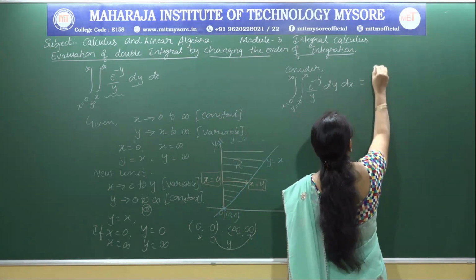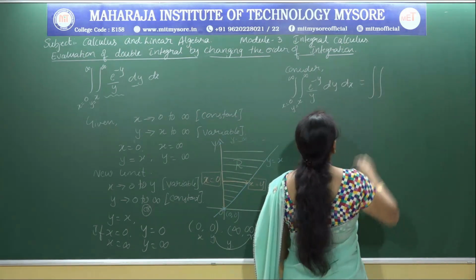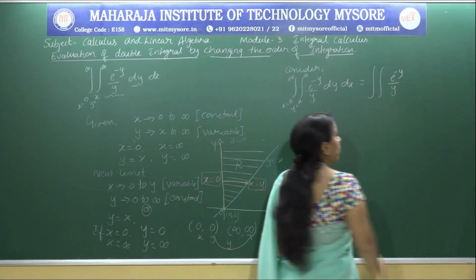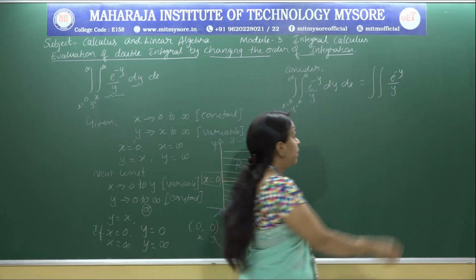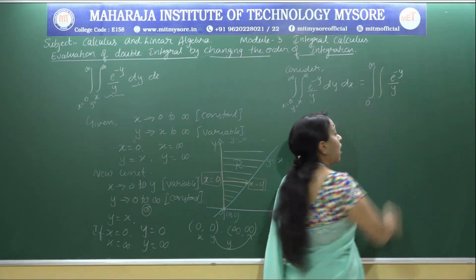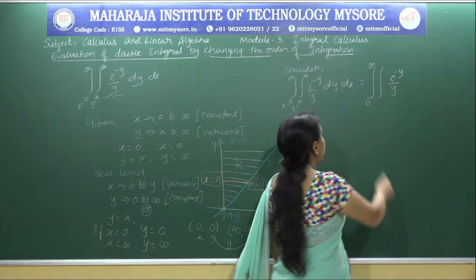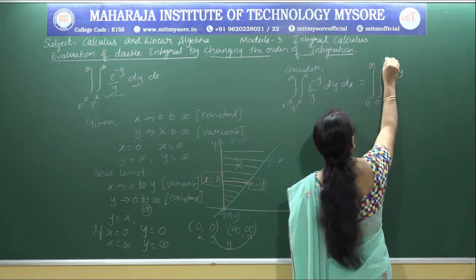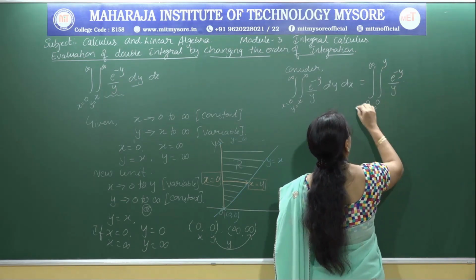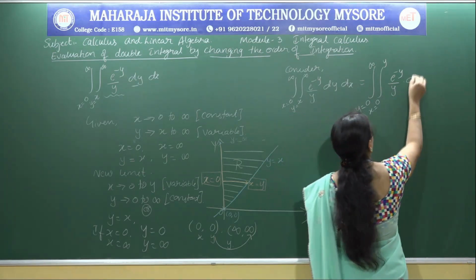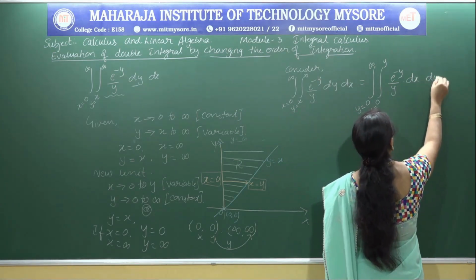Now, for the double integral of e to the power of minus y by y, I do not write dy dx now; I will write the limits first. We know that we should write the constant limit as the outer limit and the variable limit as the inner limit. So, the variable limit is 0 to y. So, x varies from 0 to y and y varies from 0 to infinity. So, first we should write dx and then dy.